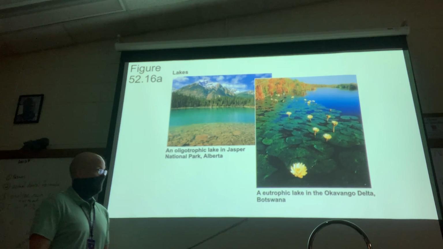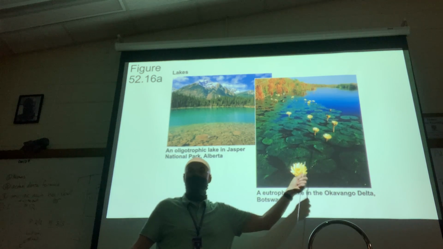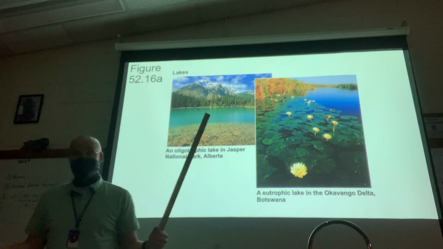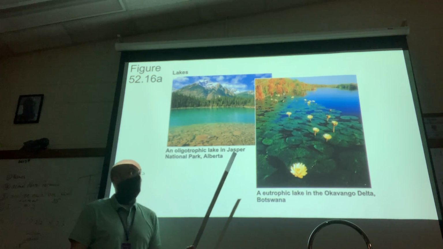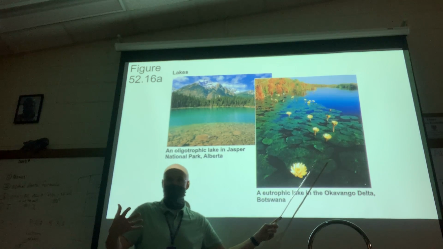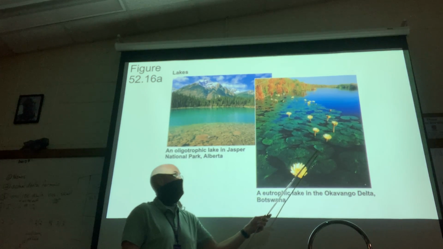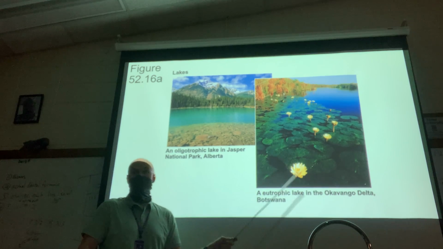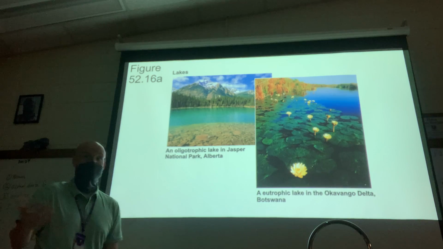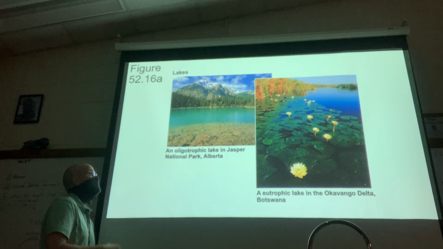And when you have a situation like that, you get a lot of algae and plant growth. The water is not clear at all. And it can actually cause some problems because if you have too much growth, there's too much demand on the oxygen that's dissolved in the water, and you can get fish kills from a lack of oxygen. And those fish die and rot, and more oxygen is used up.